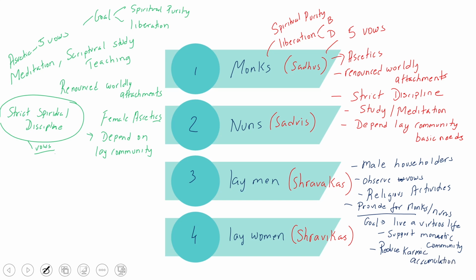That means through your good deeds, you try to do away with all that you have accumulated. And in a way, they also had the goal of progressing towards liberation.